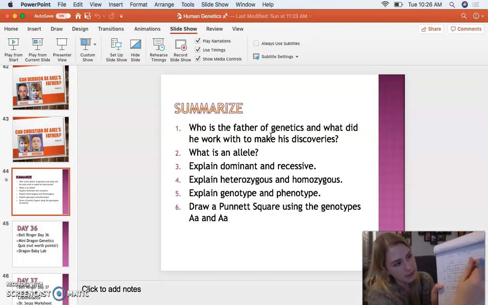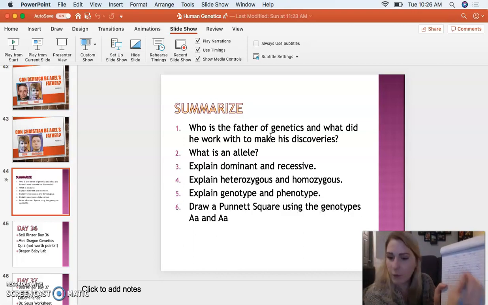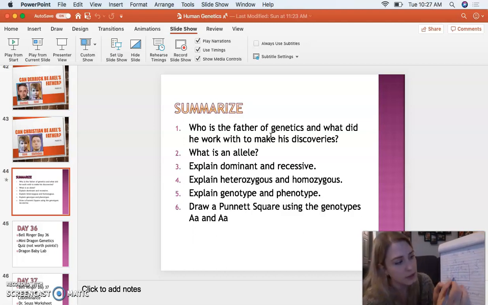That means these 3 people over here are going to have the attached earlobe, and this person is going to have the not attached. So if we have 4 boxes, that means I have 75% attached and 25% not attached. We can either say 3-to-1 ratio or 75 to 25%. One of them is going to be homozygous dominant, 2 of them are going to be heterozygous, and the last one is homozygous recessive.